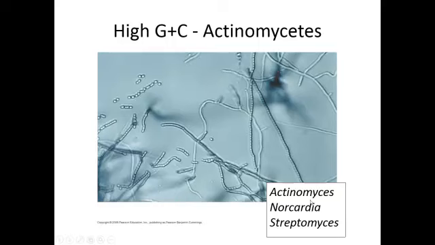We have a few opportunistic pathogens with them, not very many. Common soil bacteria usually doesn't cause people problems. Nocardia, which is responsible for the smell that we associate with fresh turned dirt. And Streptomyces. Streptomyces is a genus that we have isolated several antibiotics from, including streptomycin.